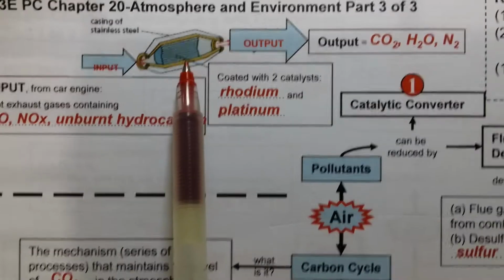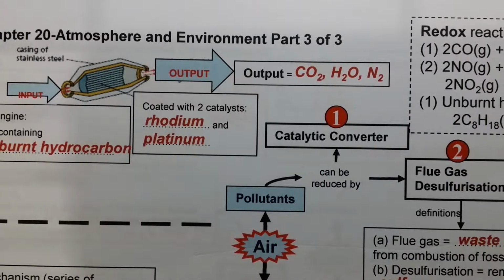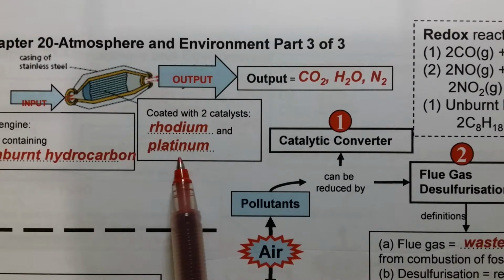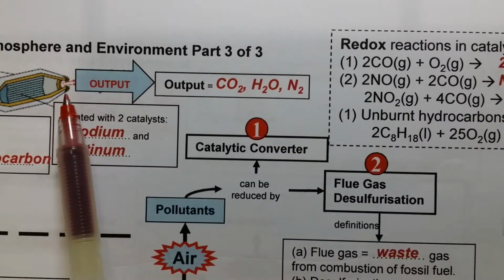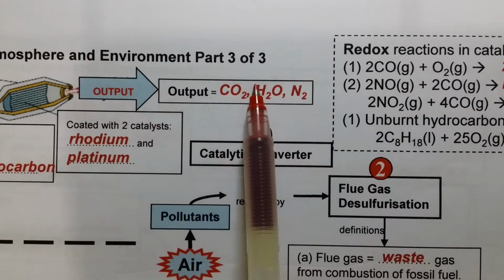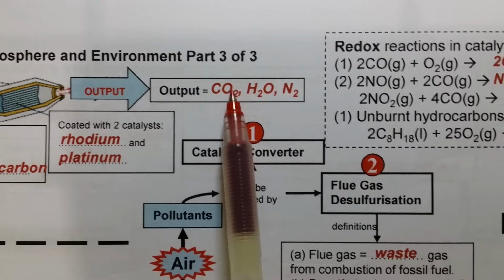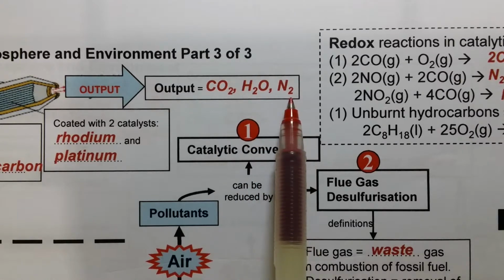When the gases go into this catalytic converter, which is coated with two catalysts, rhodium and platinum, the output of the catalytic converter, which forms part of the exhaust gases from the vehicle, is carbon dioxide, water, as well as nitrogen.